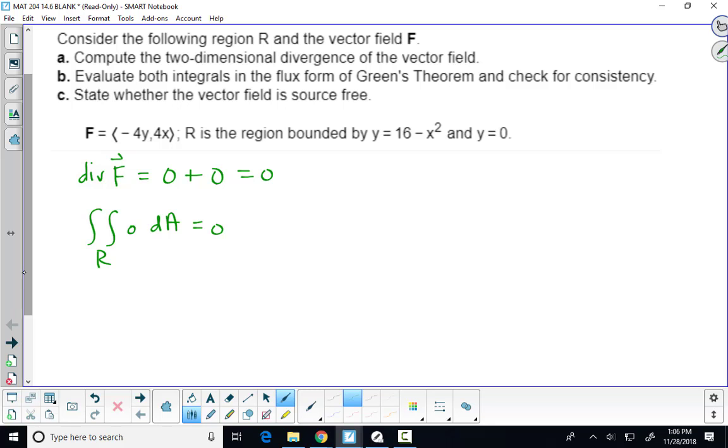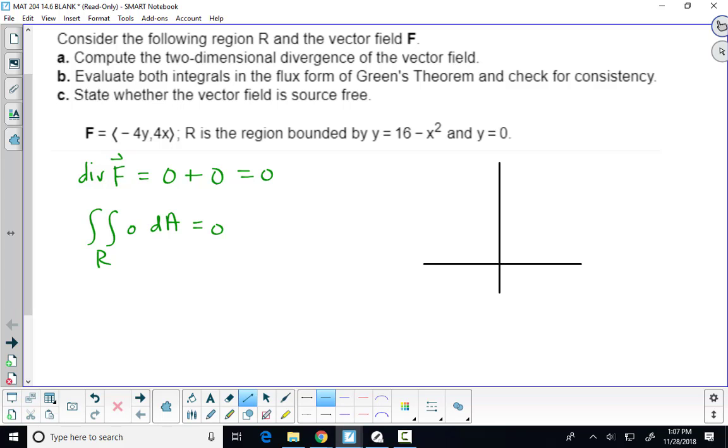So there's a lot of parameterizations you could use. If you look at the shape here, you do not have to parameterize both on the same exact interval. 16 minus x squared is going to look something like that, and then we have the boundary here.